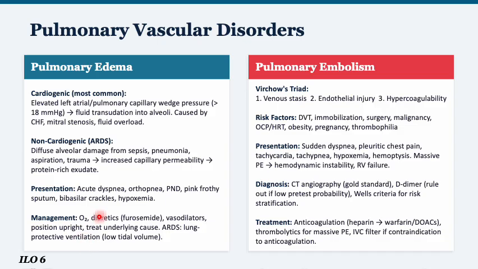Management includes oxygen, diuretics, usually furosemide, vasodilators, positioning, make sure they're upright, and treating the underlying cause. With ARDS, a lot of times you may have to protect the lungs with ventilation, while they're on ventilation with low tidal volumes.